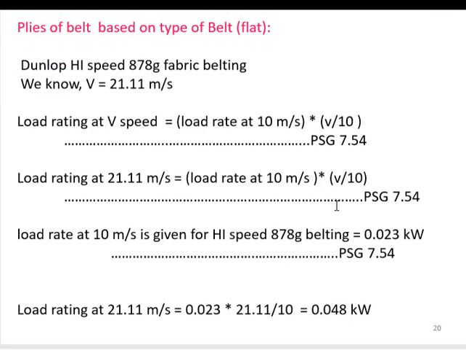We need to calculate one more parameter that is called as load rating at 21.11 meters per second speed. So that is the speed for our belt drive. Now this formula is equal to load rate at 10 meters per second multiplied by V by 10. The load rate at 10 meters per second is given in the design data book, which comes around 0.023 kilowatt. We know the velocity of our belt drive.